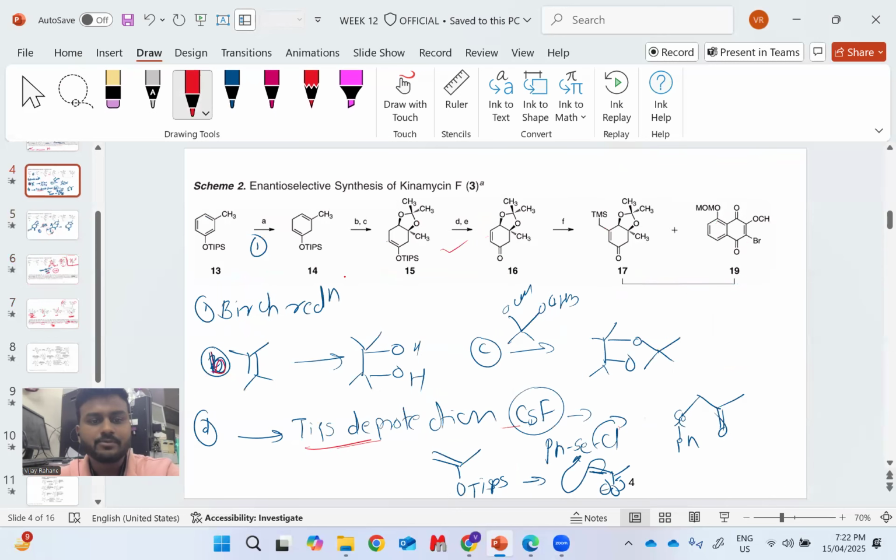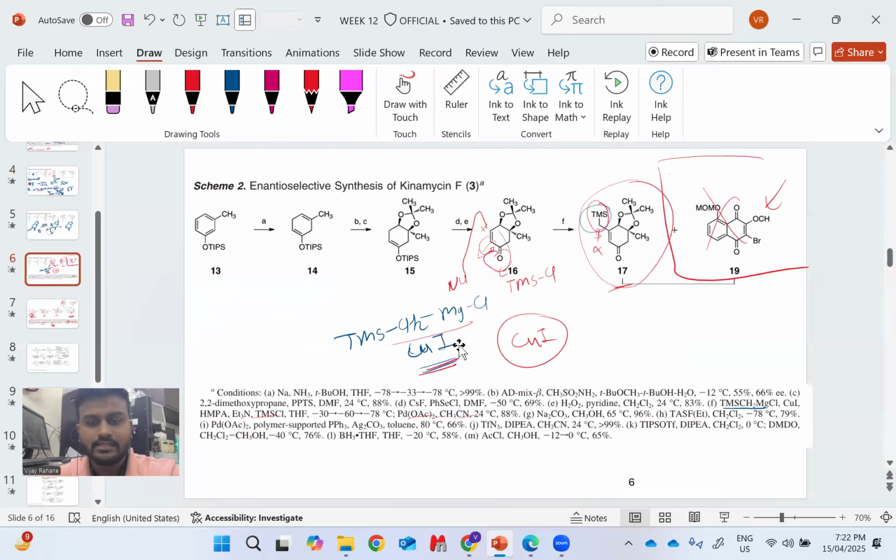How you can see here, the first step was the Birch reduction, then the olefin conversion to the diol, and then protection of the diol, followed by the deprotection of these TIPS, then the addition of the electrophile, that is the SePh, phenyl selenium chloride, how this gets attached on the alpha position, and then followed by the elimination reaction to get this 16 product, and followed by further the nucleophilic attack with the Grignard, and here they use copper iodide to make it a soft nucleophile.